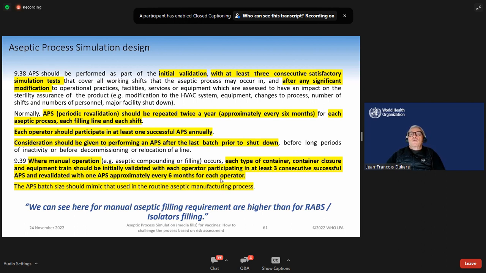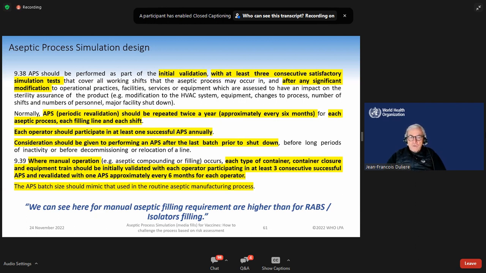And this is a big difference from what is required for isolator or RABS, because each operator should participate in at least 1 successful APS annually. And here it's every 6 months, each operator. That means that you will have to consider this point really carefully.